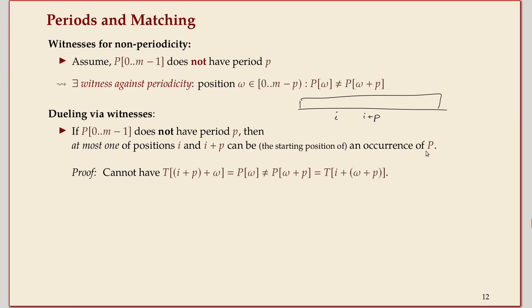Then at most one of them can be the beginning of a match of P. So if it was a match of P, we could put P here and that would all be the same, or we could put P here and it will all be the same. Now what I'm claiming here is it's not possible that both are. We need a longer pattern, I think. It's not possible that both are matches.